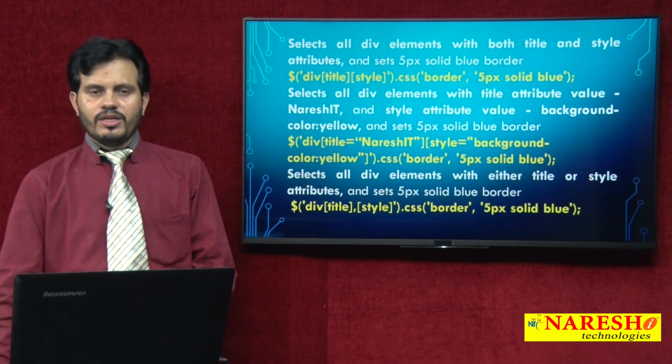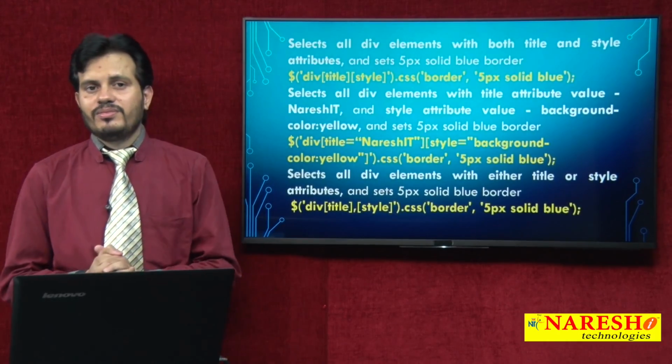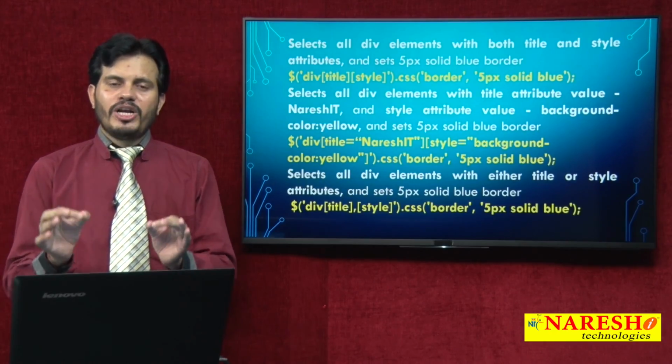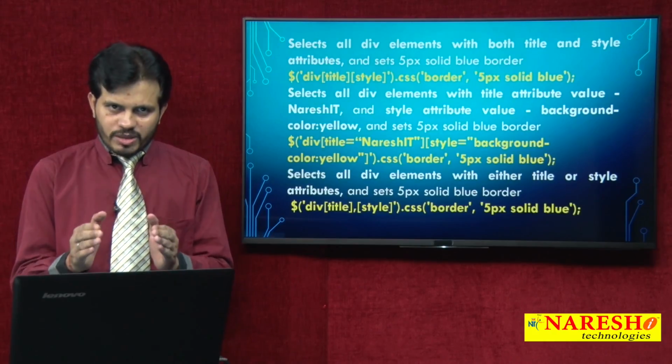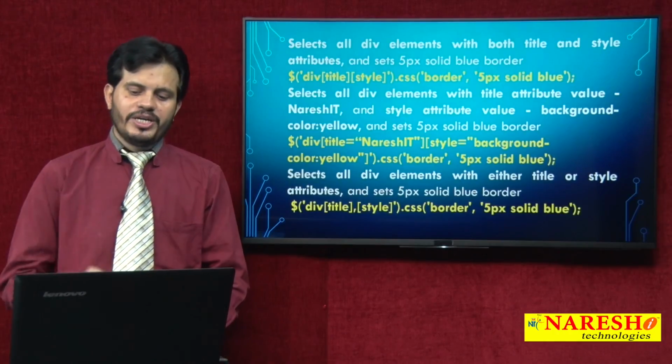Then what to do? Between the two attributes we have to provide a comma separator. If whatever attribute I am specifying, any one attribute is matched, that element is to be selected. So between those attributes which I have mentioned in the jQuery selector, I need to specify a comma separator.